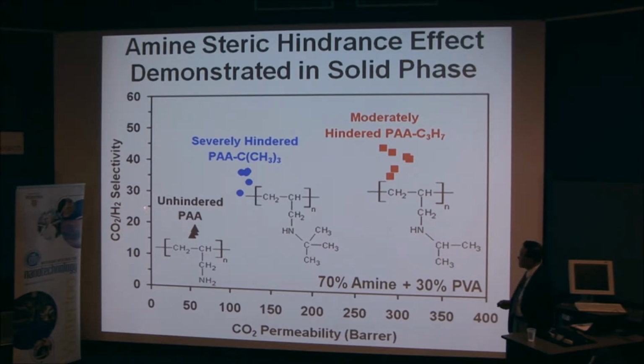Here I plot the CO2/hydrogen selectivity versus the CO2 permeability in bar. Okay, I think later on I will show you the unit of bar. So initially, we make a membrane from polyamine.